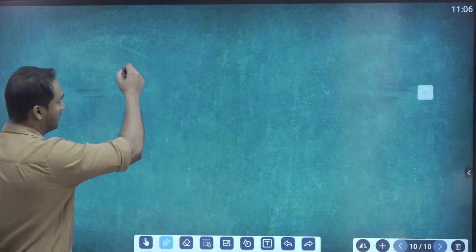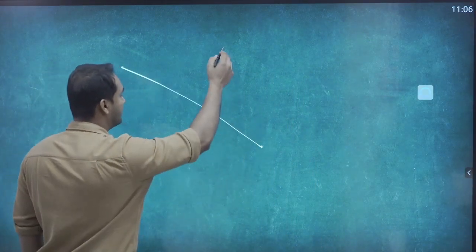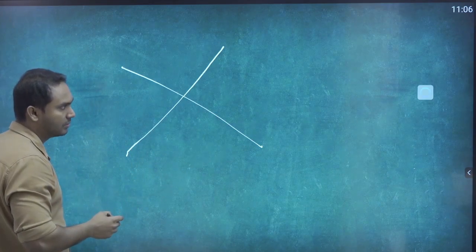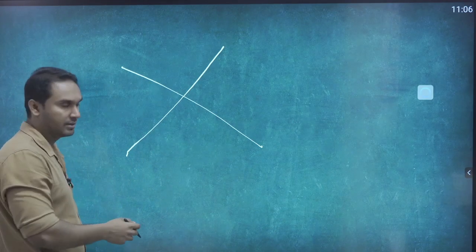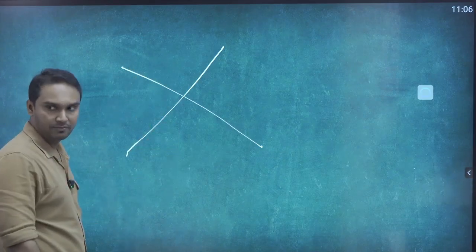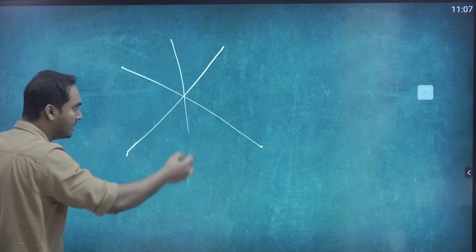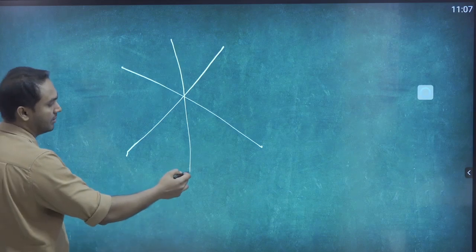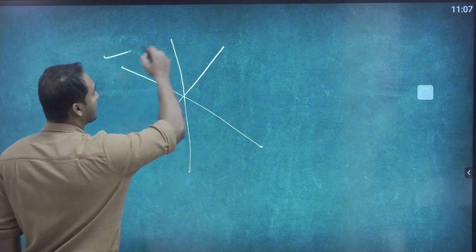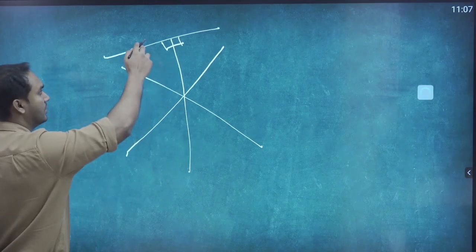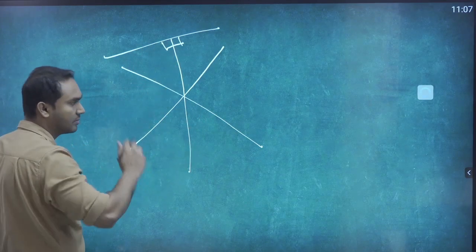That's all. So two of the lines are like this, and the line that goes through the intersect of these two graphs is perpendicular to another. So there are three graphs and this is the fourth graph.